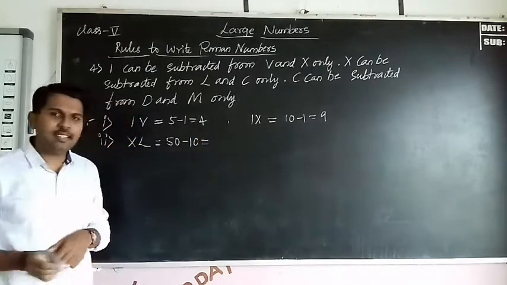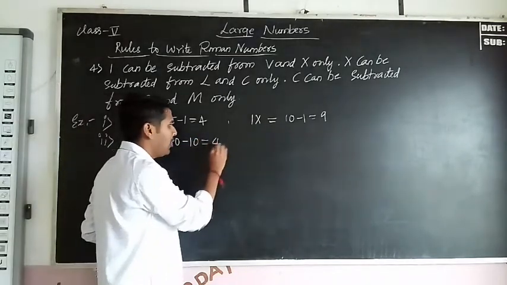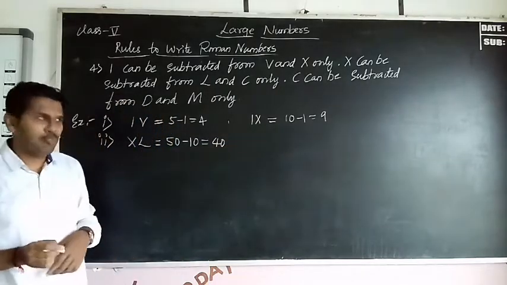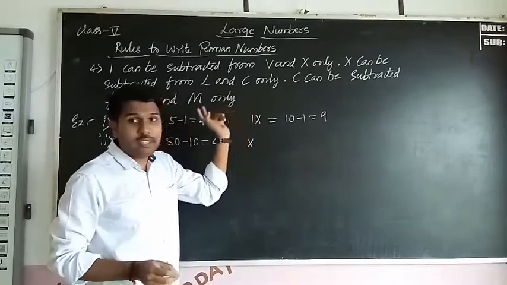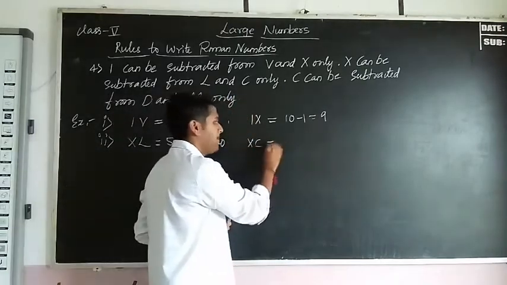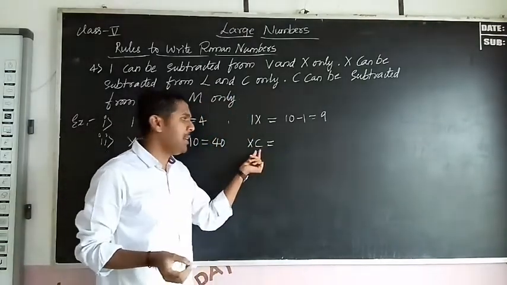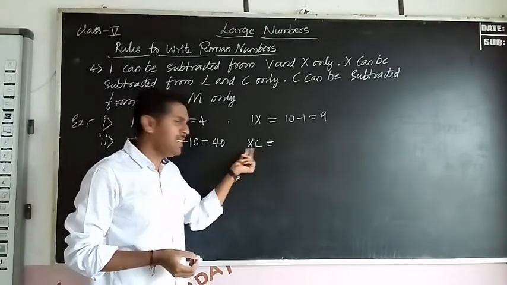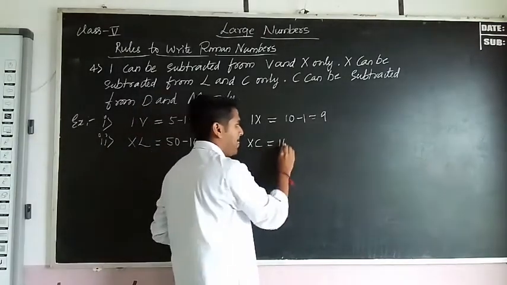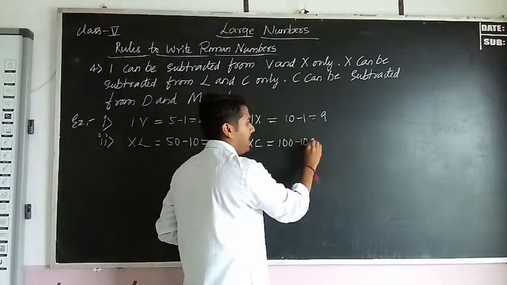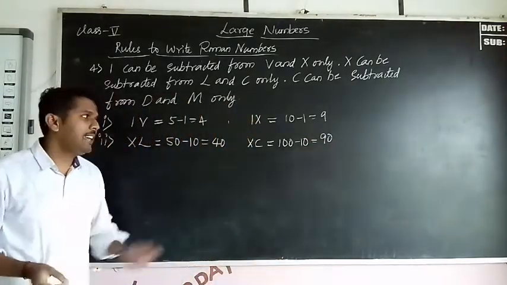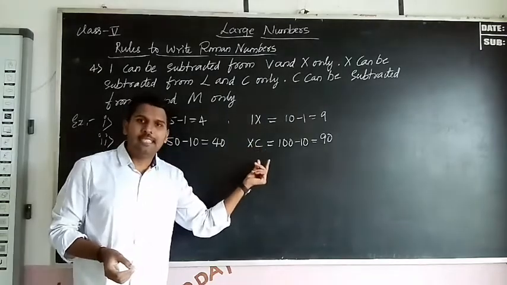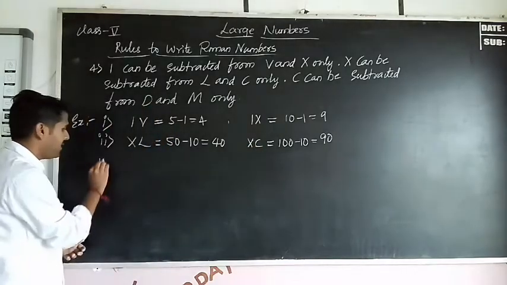So what will be the answer? 50 minus 10, that is 40, no. Otherwise X can be subtracted from C. So C value is 100 minus 10, that is 90, no. So we can write 90 as XC.